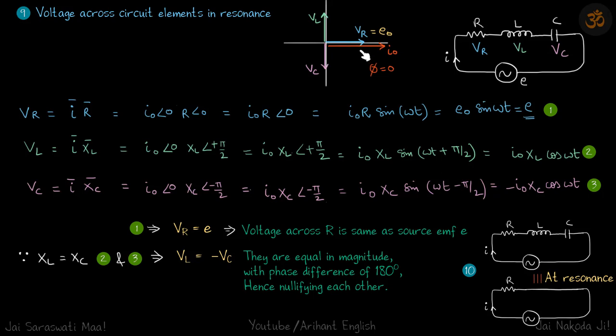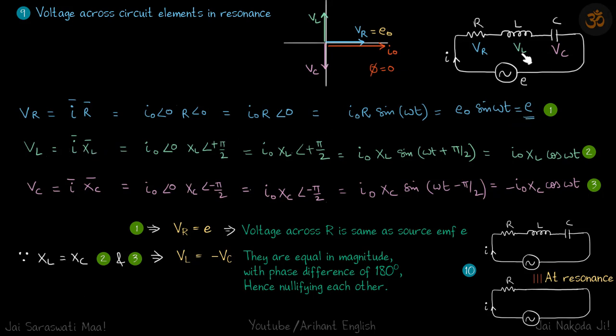See, phi is 0. That means E naught and I naught are in the same phase. From here we see VR is also in the same phase. So all three are in the same phase. This I can write as a time function: I naught R sin omega t. I naught R I can write as E naught. So E naught sin omega t is equal to E.